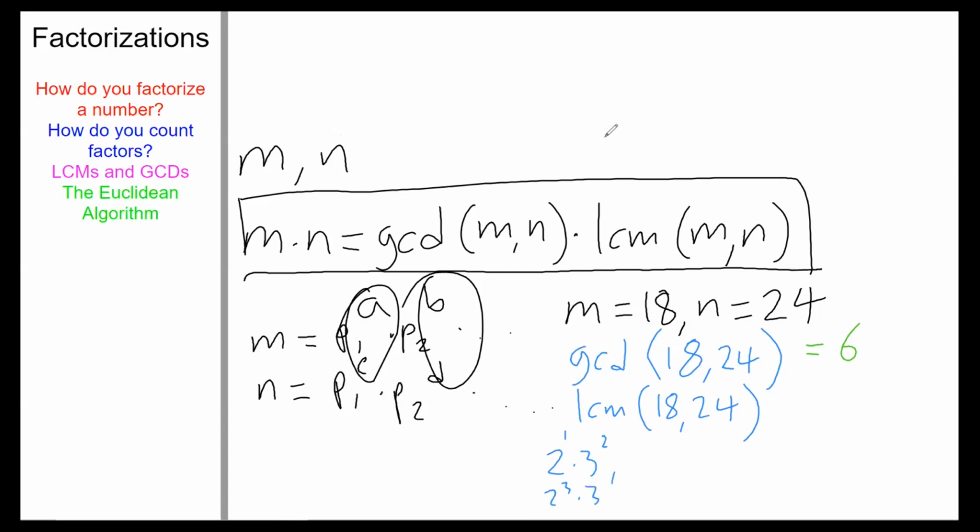So if we take the greatest as opposed to the least now, 2 to the third is greater than 2 to the first, and 3 squared is greater than 3 to the first. That gives us 8 times 9, which is 72. The way I like to think about it is when you're doing GCDs, G is greatest, so you do the opposite and take the least exponent. Similarly for LCM, which says least, you take the greatest. So we have 6 and 72.